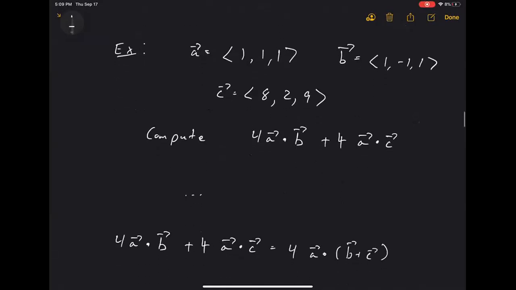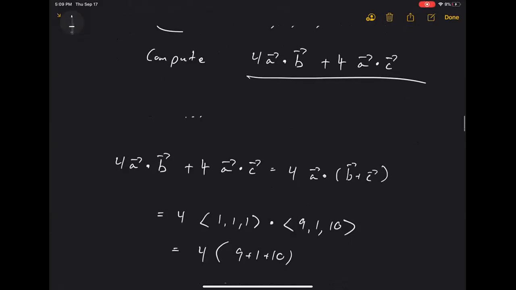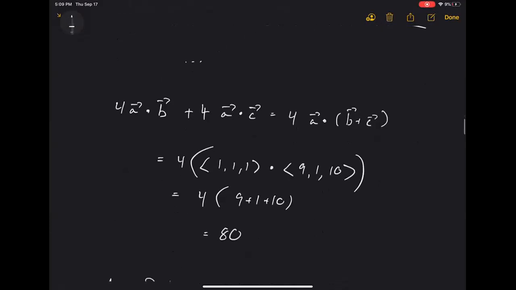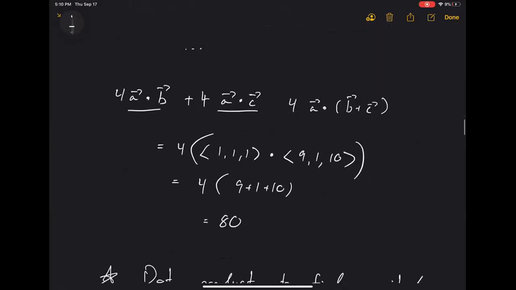Okay, and maybe that will allow you to do something like this easily. If this is my A, B, and C, you want to be able to compute 4A dot B plus 4A dot C. Well, by some of those properties, I can factor out this 4 from both of those. And then I can turn A dot B plus A dot C into A dot (B plus C).